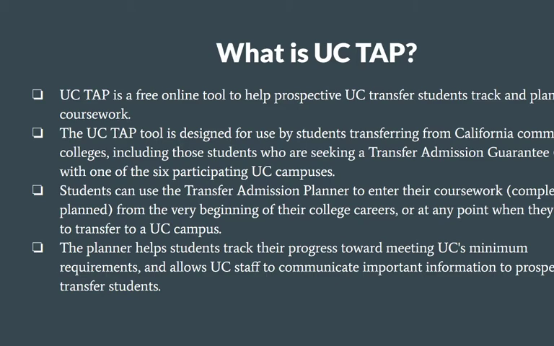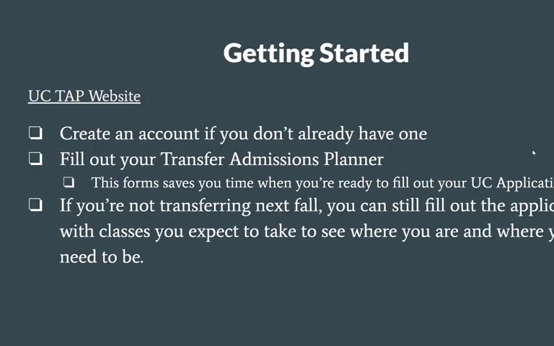Students can use the Transfer Admissions Planner to enter their work course completed and planned from the very beginning of their college careers or at any point when they decide to transfer to UC campuses. The planner helps students track their progress toward meeting UC's minimum requirement and allows UC staff to communicate important information to prospective transfer students. Now, let's talk about getting started.